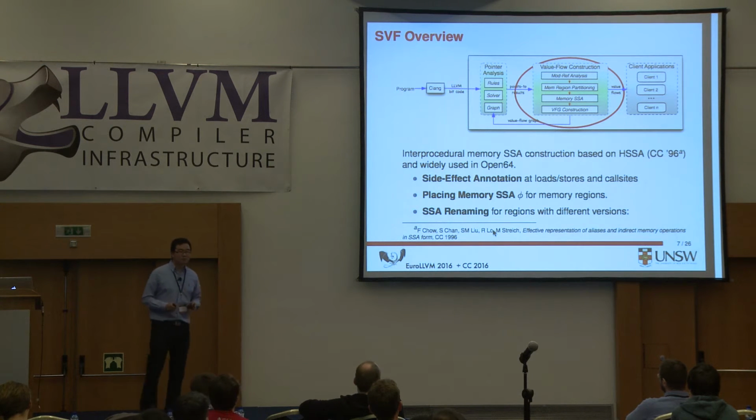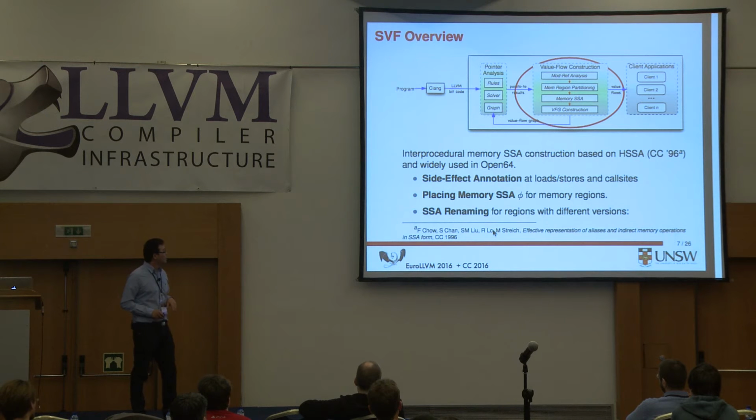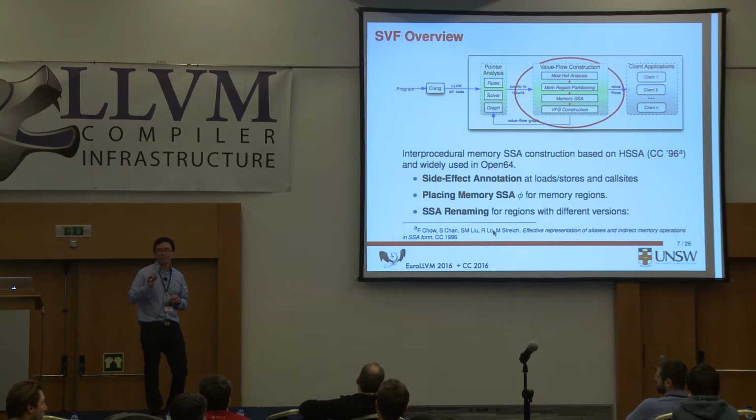And there are two major steps for the construction. The first is the side effect annotation, which essentially uses the pointer information to annotate the memory access statements and the call sites to indicate their modification side effects.